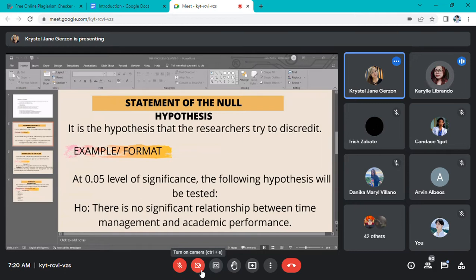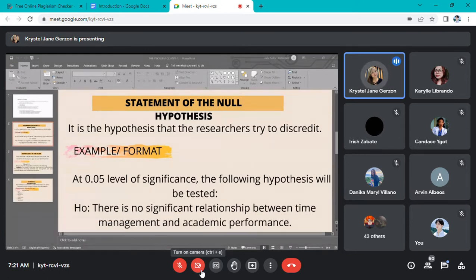That video game has somehow an effect or an impact on the other variable, ma'am. Okay, we are not going to use the word effect or impact, because we are just checking for correlation. So the best word, simply, is that video game addiction and academic performance have a correlation, or that video game addiction is correlated or related to the academic performance of the students.